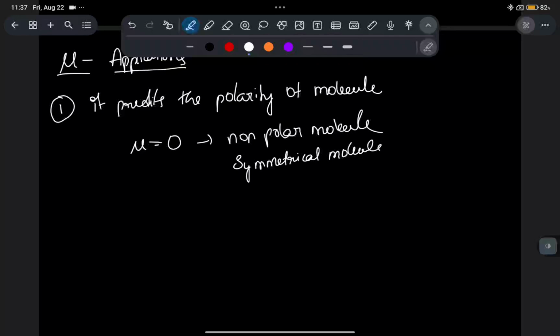These are the normal shapes. But if the molecule has lone pairs, they cause bending. The bond pairs will be bent and the shape will change, so the molecule becomes unsymmetrical.